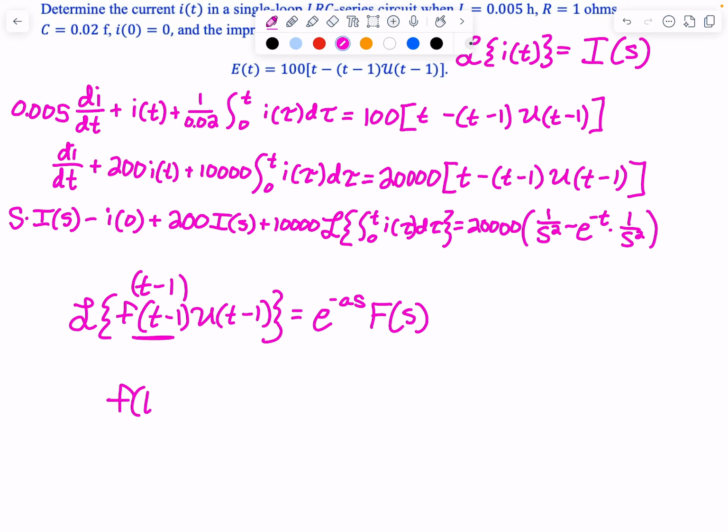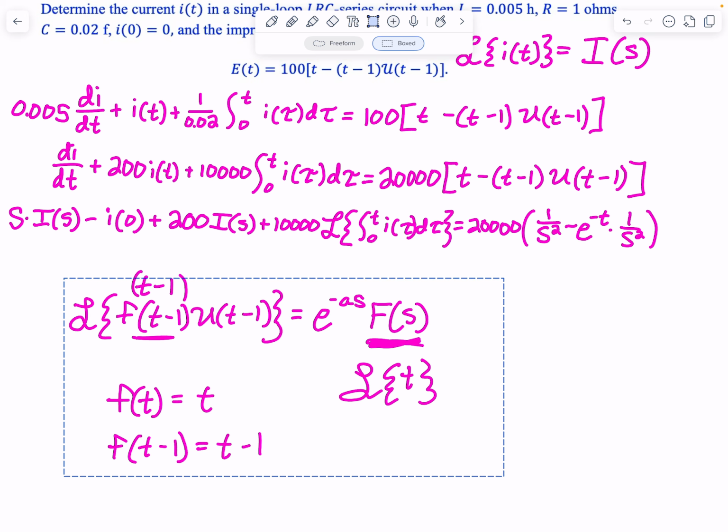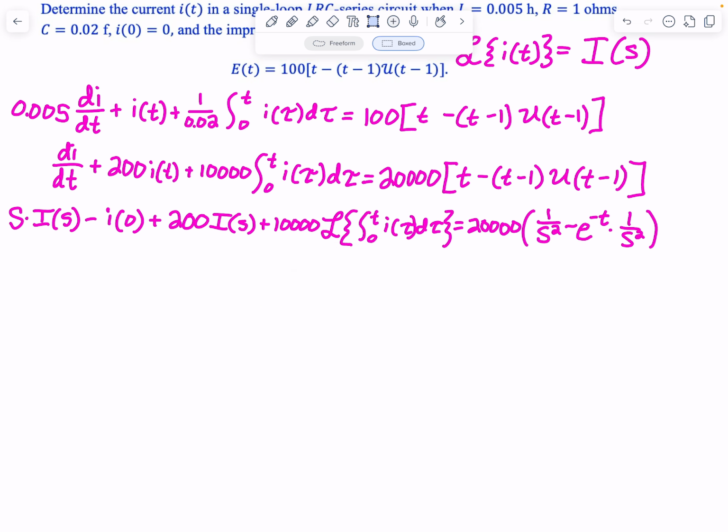Like if f was t, right? Then f of t minus 1 is t minus 1. So when I did this part, this was just the Laplace of t. I hope that makes sense. Okay. So I'm going to erase all that's here.